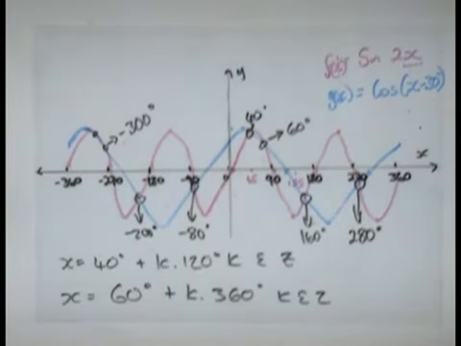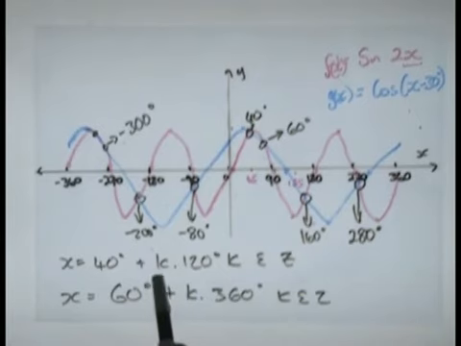Please note that I'm missing another point over there. When k is equal to negative 2 over here, that's going to go beyond negative 360, so we're not worried about that one.